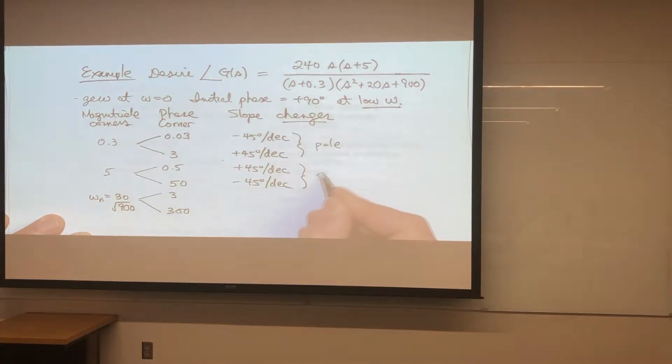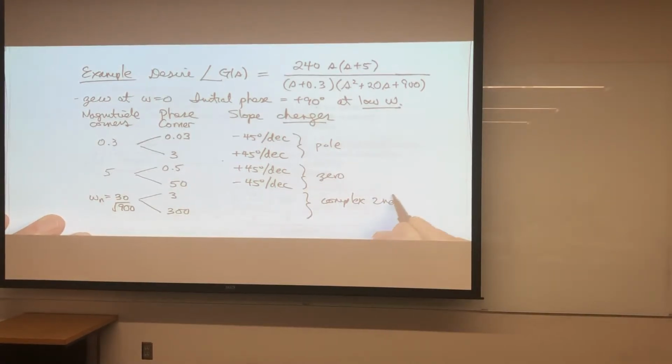This is a 0. This is a complex second order pole. So the first change is going to be negative 90 degrees per decade, and then the next change is plus 90 degrees per decade.